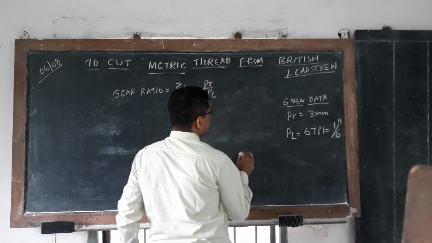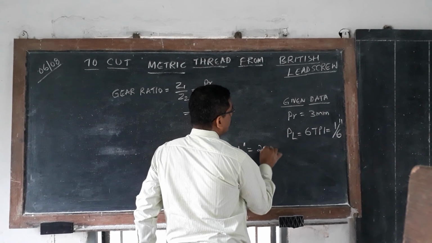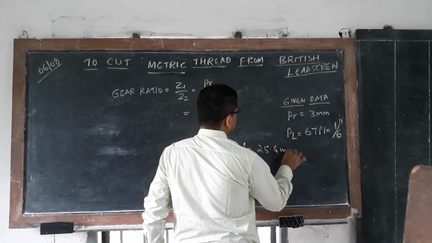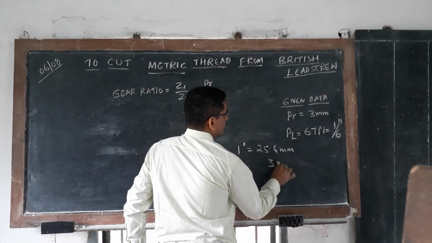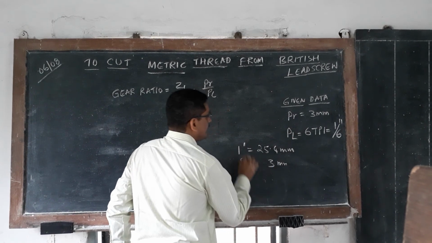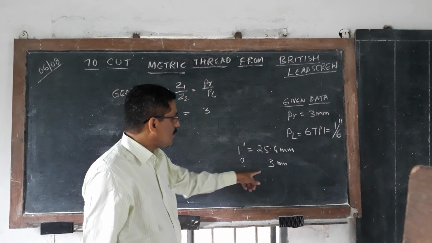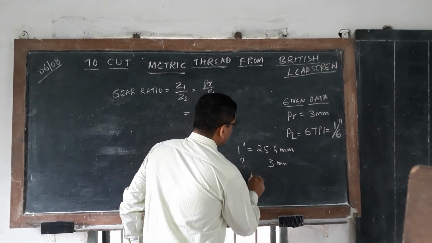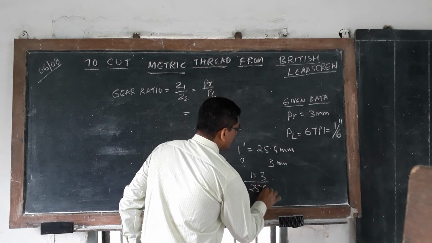See, 1 inch is equal to 25.4 mm, isn't it? So 3 mm is equal to how many inches? It becomes 1 into 3 divided by 25.4.